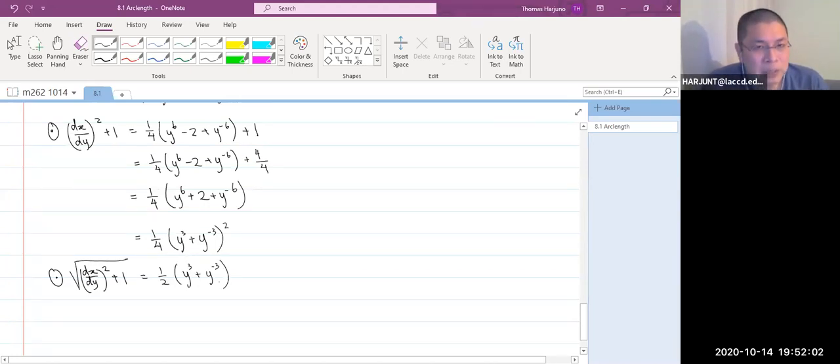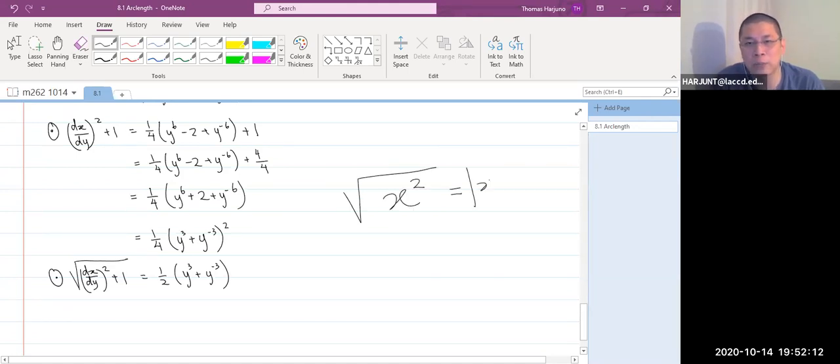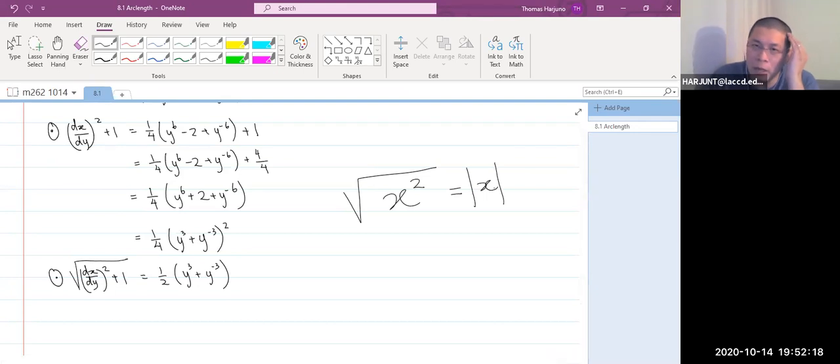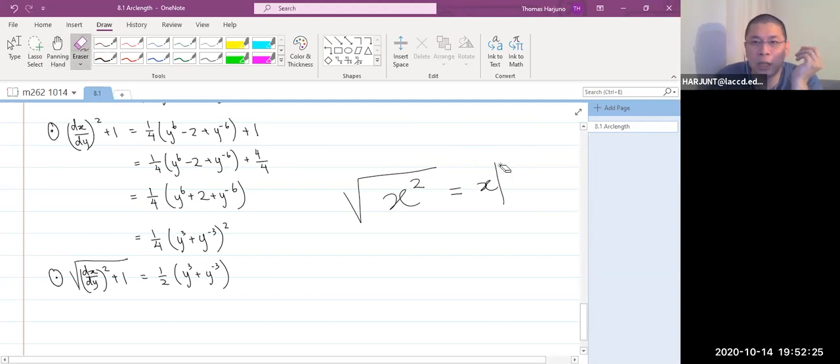Okay, but please be a bit careful here, because the square root of anything squared is equal to the absolute value of that thing. It is incorrect to say it equals x. It is actually not correct.